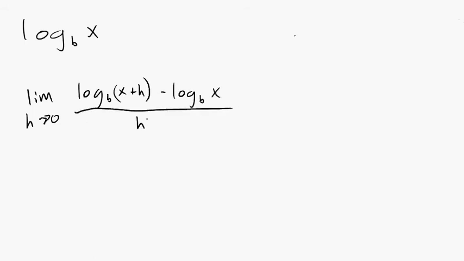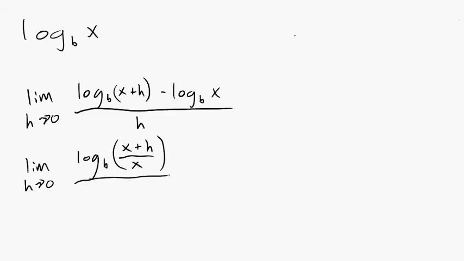And the first thing we did with the exponential function is the first thing we'll do here. We'll use a property of logarithms to move around the numerator a little bit. So we'll change that to the limit as h approaches 0 of log of x plus h over x, because when you subtract two logs, you can condense them to have one be the division of the other. And that is still over h. So now what we'll do is, why don't we move the h out front?